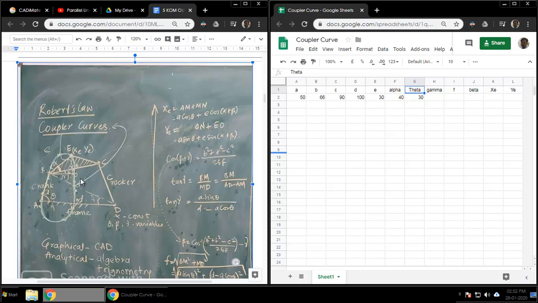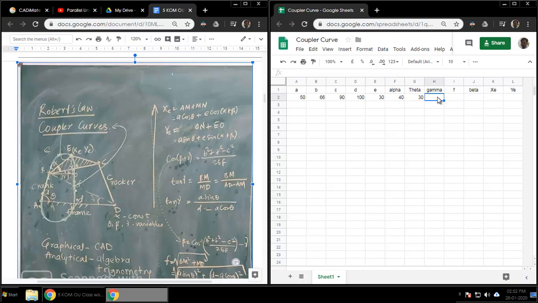Gamma is again one of the unknowns, so we went on to find the value of gamma using this particular triangle BMD. We were able to find it like this, and this is the formula for gamma. All the values here are known, so we can find gamma first, then using gamma we can find beta. Beta again we can substitute here to get the values of the coordinates.